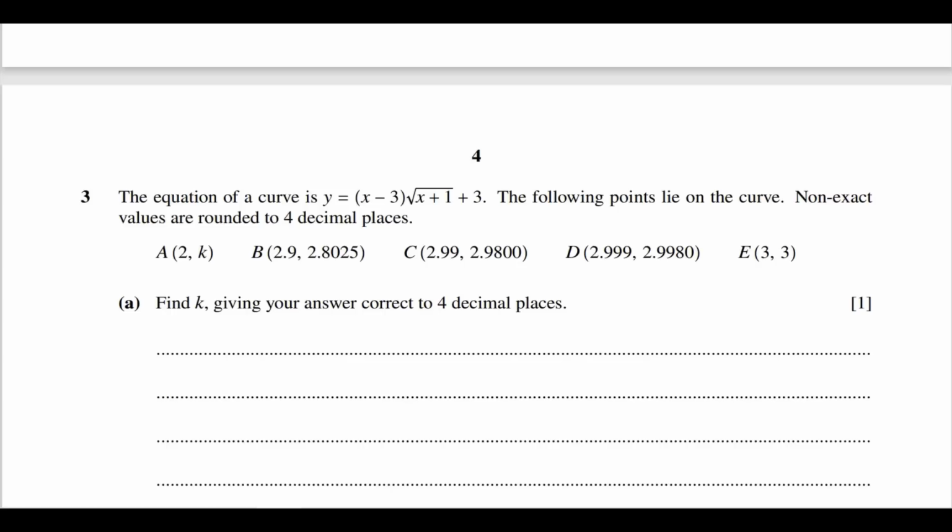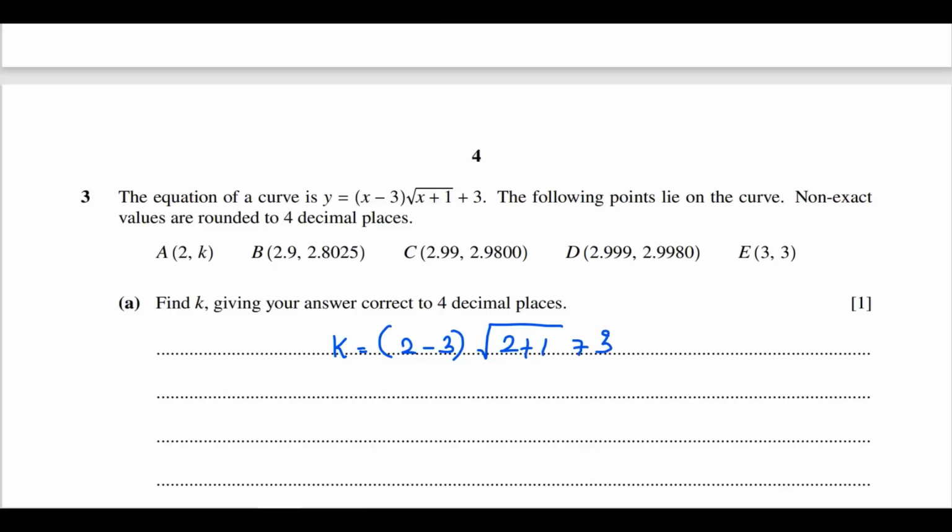So it's given the following points lie on the curve. That means all the points satisfy the equation. So the point A also lies on the curve, so it will also satisfy the equation. So we will write y is k. So k is equal to (x minus 3) where x is 2: (2 minus 3) multiplied by the square root of (2 plus 1) plus 3.